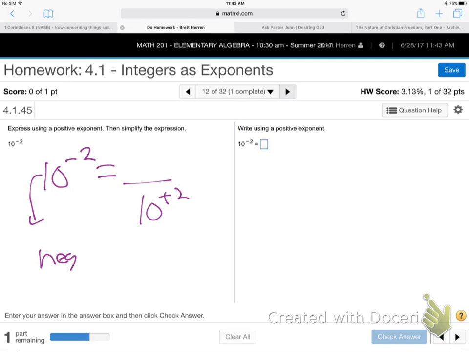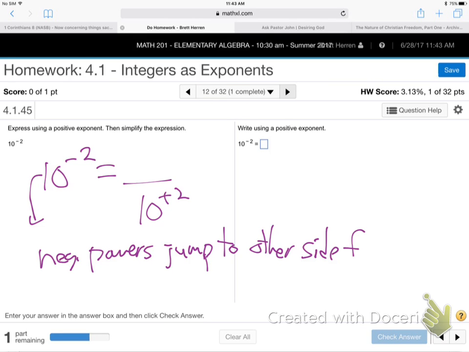So let me just write that. Negative powers jump to the other side of the fraction, then become positive.